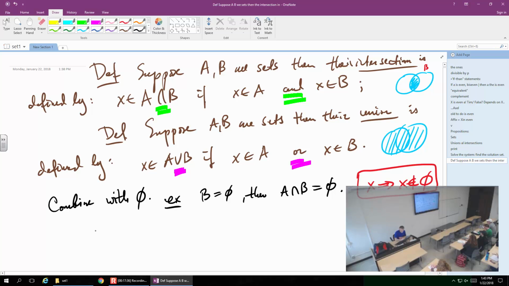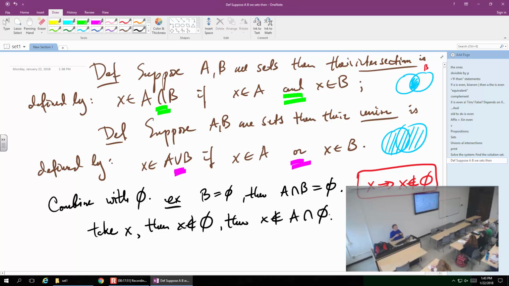So take x. Then x does not belong to the empty set. Then x does not belong to A intersection with the empty set, because x has to belong to both. If it does not belong to one, it doesn't belong to both. There, you have that. So that's the proof.